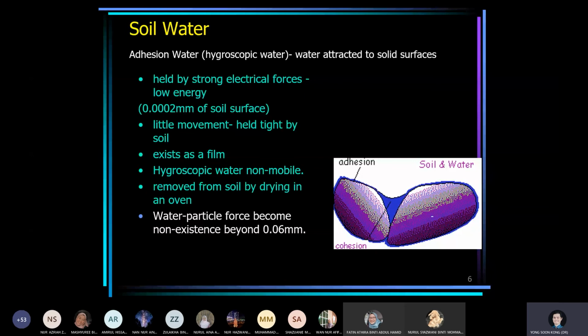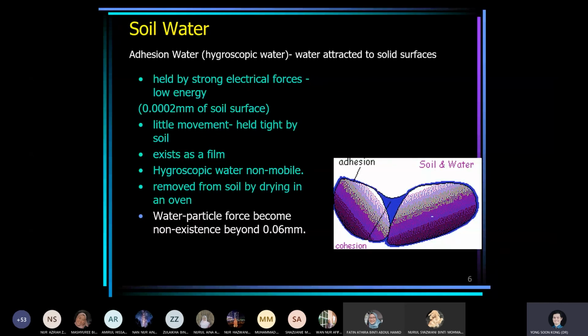I'm not saying that all soil particles are very hygroscopic, but this kind of water is called hygroscopic because it has stronger interaction with the soil. Like I told you, there are many types of water in the soil. So this one will be held stronger compared to other types of water. On the surface, it has the closest interaction with the surface of the soil.